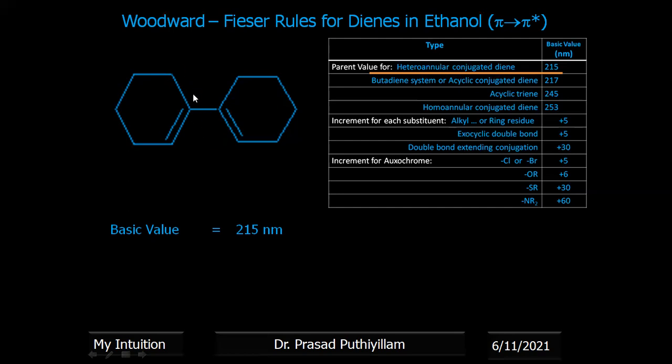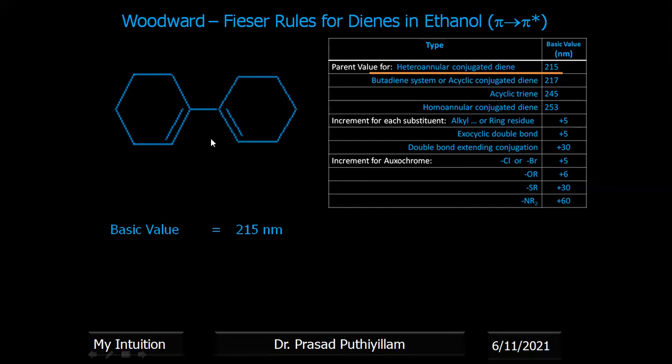So you can say that a double bond is present in one ring, and a double bond is present in the second ring. So whatever I said previously, I am erasing it. You also erase it. Not only the fused cases, even when the double bonds are present in rings which are attached and they are in conjugation, we treat it as heteroannular conjugated diene. So heteroannular conjugated diene, 215 value we are giving.